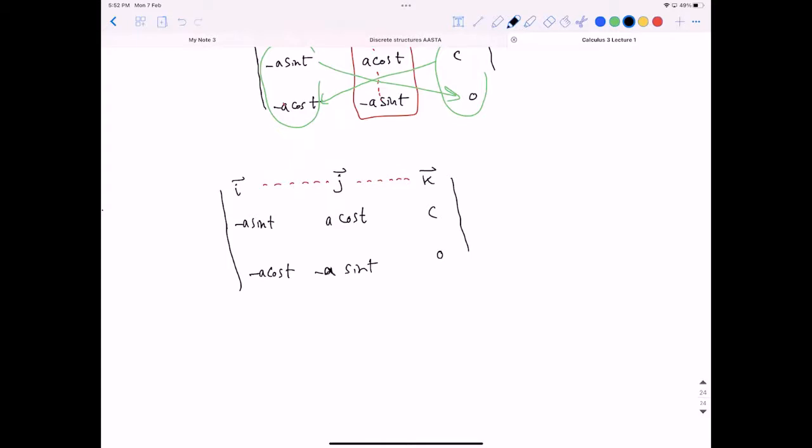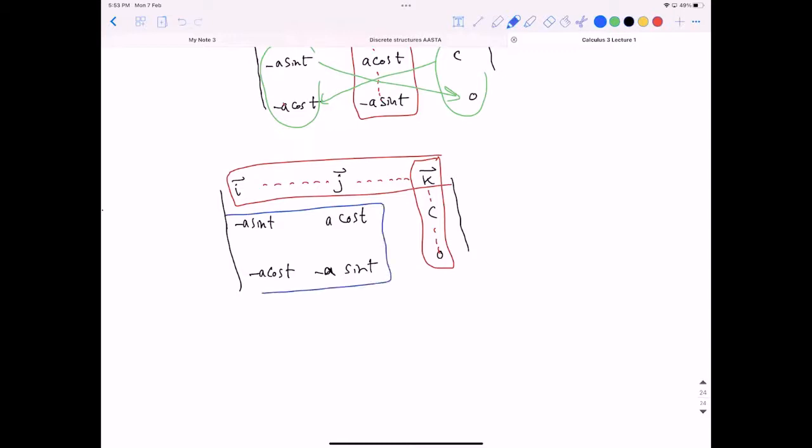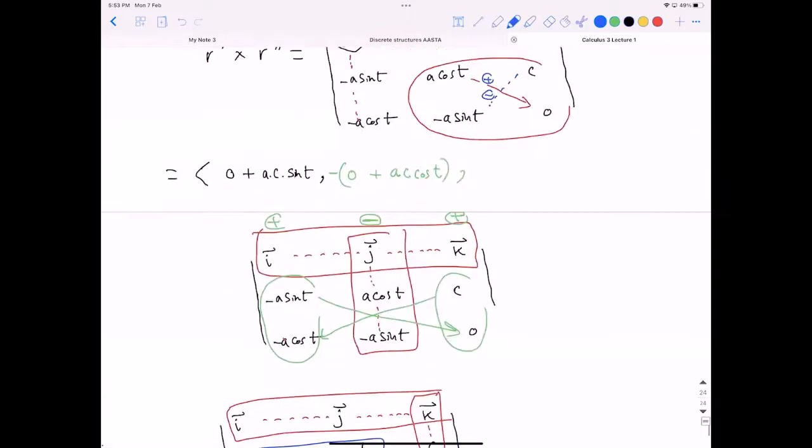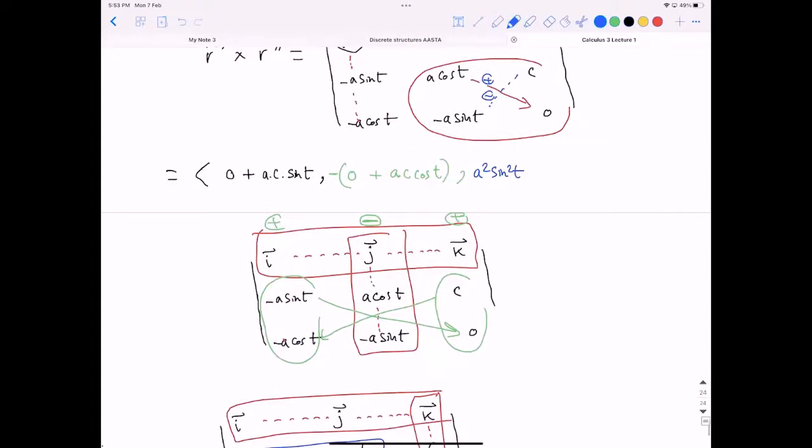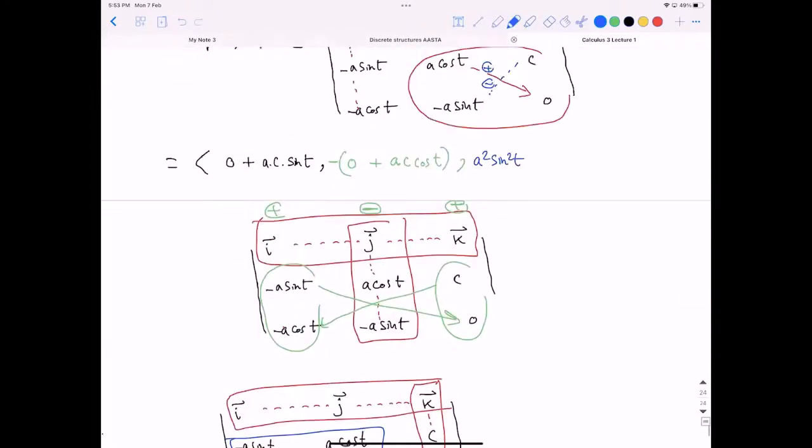So again, we cover this row and this column containing K, and get the value of the 2 by 2 determinant. This is plus, and this is minus as well. So what do we get? A squared sin squared? Yes, exactly. A squared sine squared t. Then minus, so it will be plus again, A squared cosine squared t. Yes.